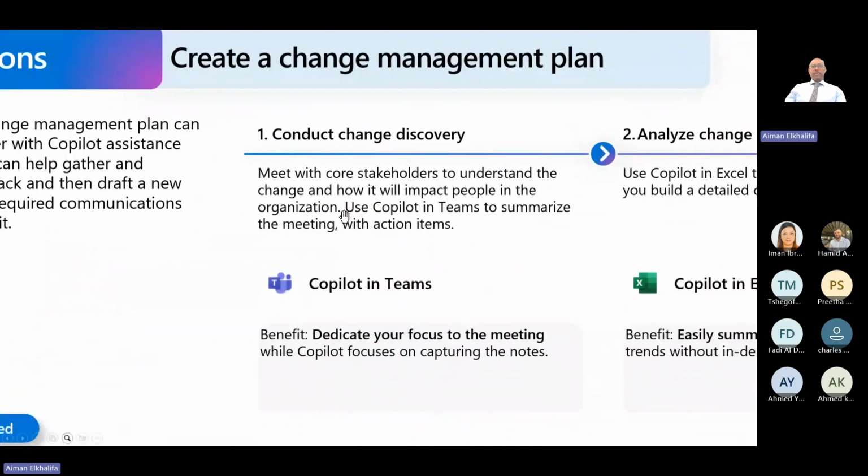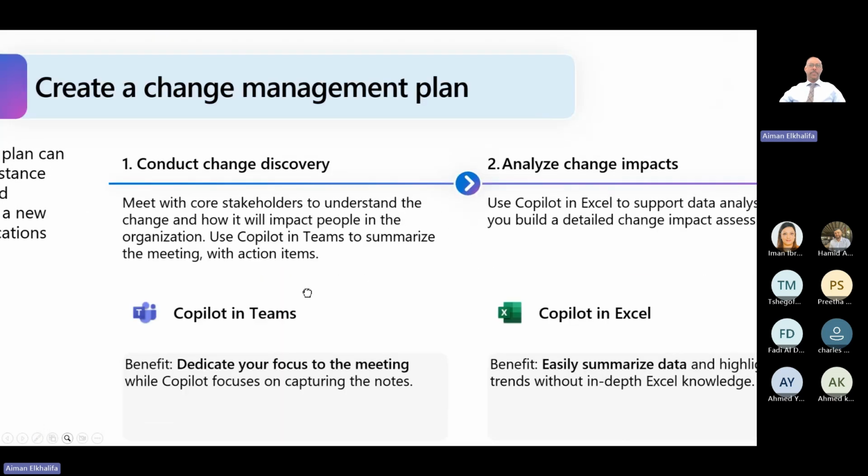So this scenario begins with conducting change discovery. Maybe you want to meet with core stakeholders to understand the change and how it will impact people in the organization. So you can use Copilot in Teams to summarize the meeting with action items, and we've seen this.